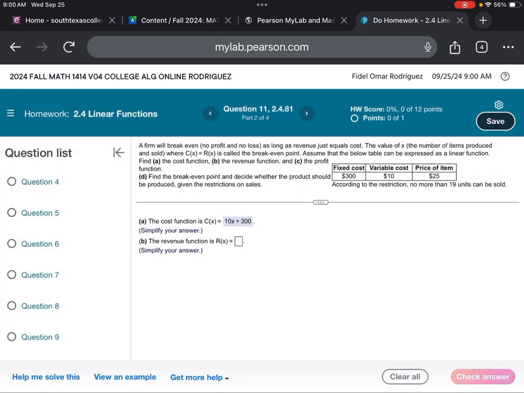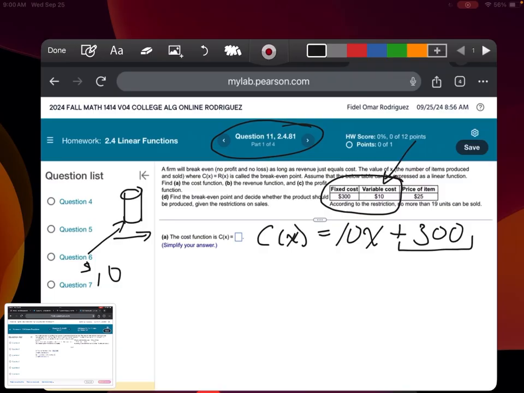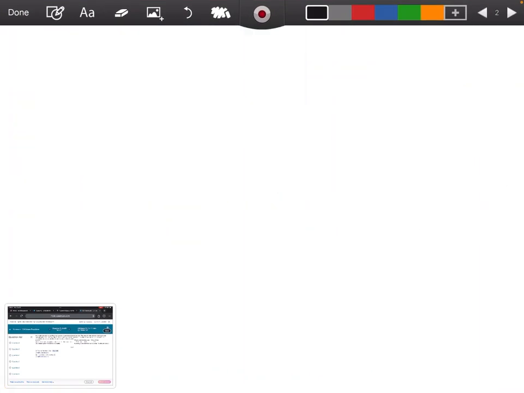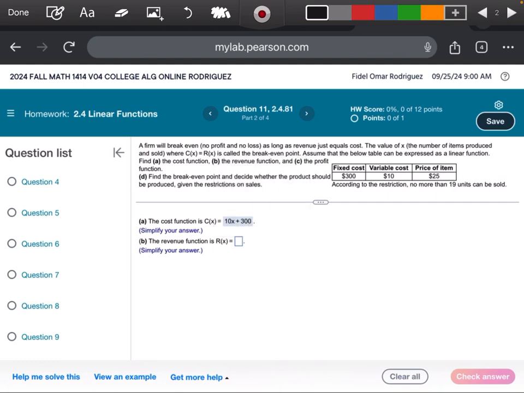Okay, so now let's see if we can find the revenue. So I'm going to take a screenshot of that one. Let's come back here, and let's bring this one in. And here we go. The revenue, y'all, is the amount of money we're going to be bringing in. So my revenue function is going to say price of item.